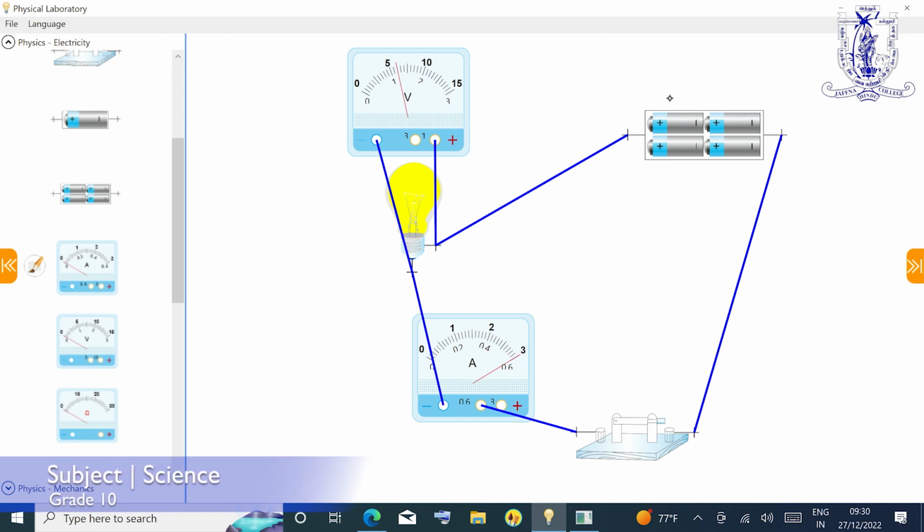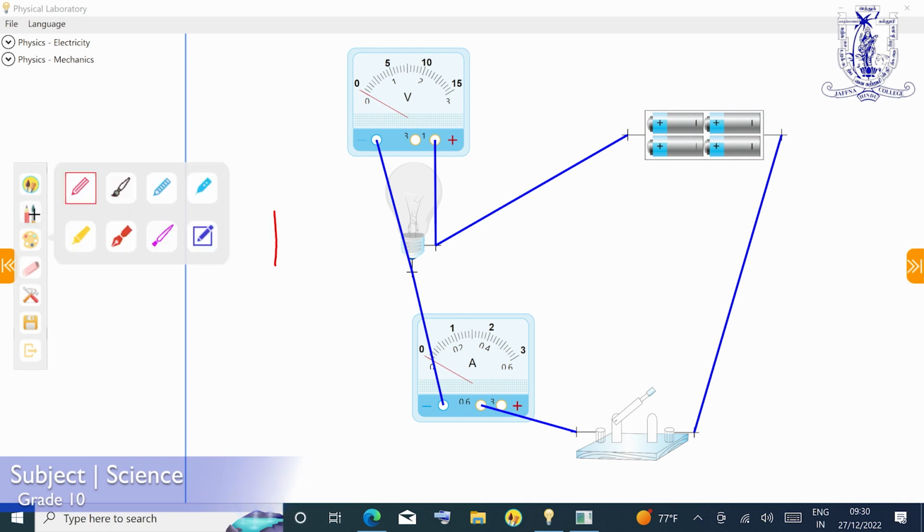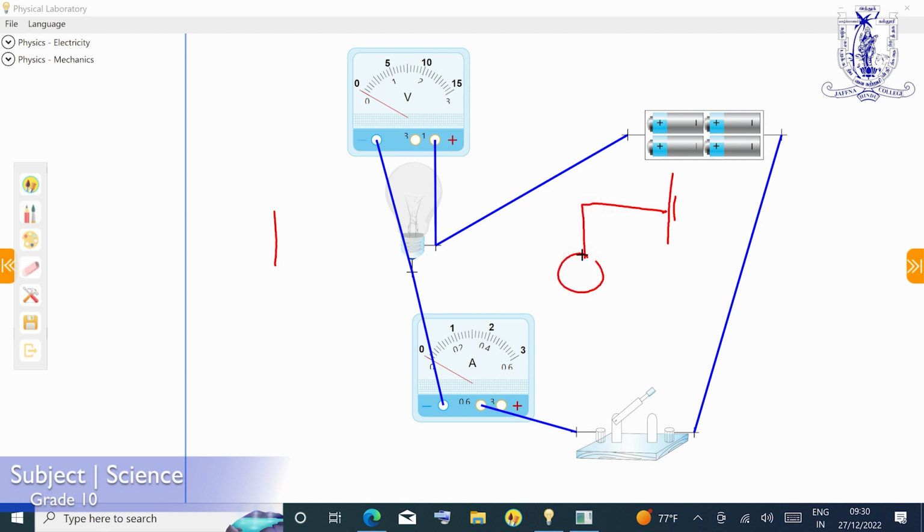This is a simple way to see how electric current works and how to connect a circuit. This is a simple symbol diagram. This is the batteries, and here the bulb, and then the ammeter, circle, and switches, and parallel to this one, the voltmeter.